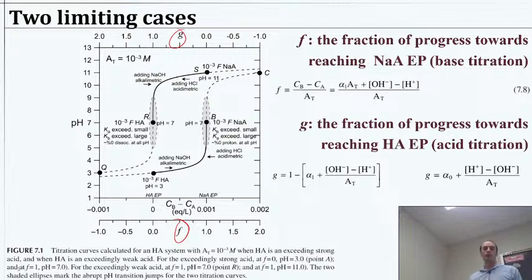So if we had a bunch of A minus without any connected acidity, how much acid do we have to add to get that all the way to the point where the HA is the same amount as the H plus in solution? We drew up the graph that said, okay, here's the H plus concentration, and we could follow the line of HA, and where those two crossed, that was our equivalence point.